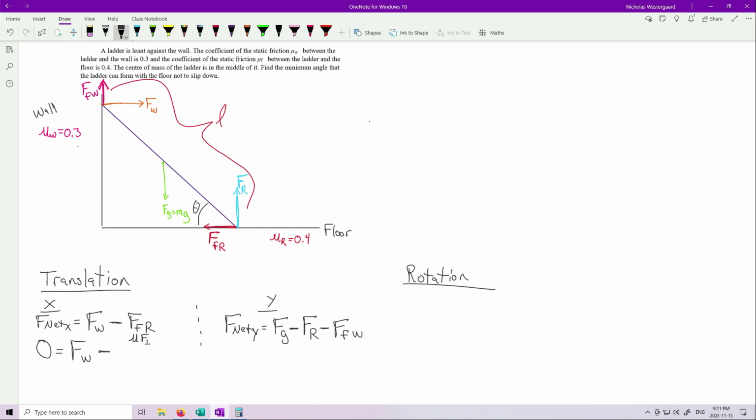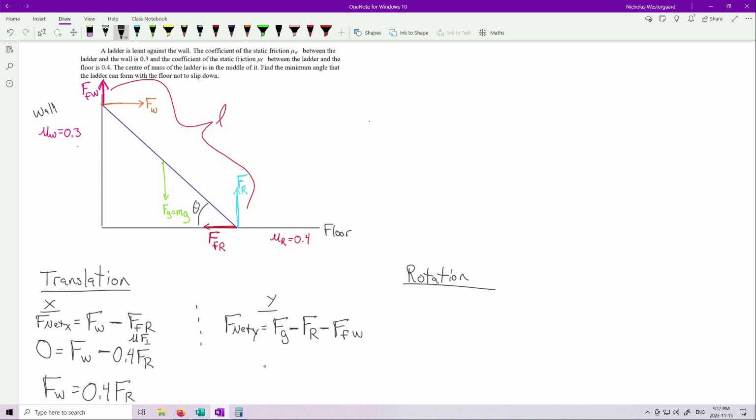And the relevant normal force is force R. So force wall is equal to 0.4 force floor. That's not an answer yet, but that's something.